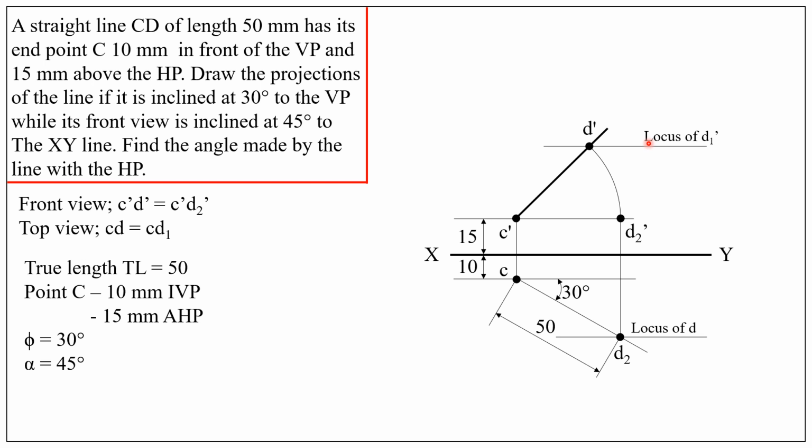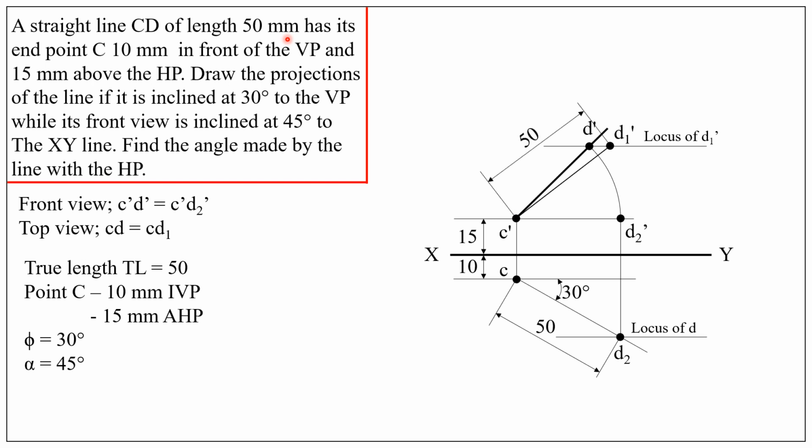So what is the angle of inclination of the line with the horizontal plane? We don't know. Of course, we need to calculate. In order to find that angle theta, we need to find the position of D1 dash. So C dash D1 dash is equal to the true length, which is 50 millimeters. So take 50 millimeters in your compass, fix C dash as center, mark the point D1 dash, and join C dash D1 dash.